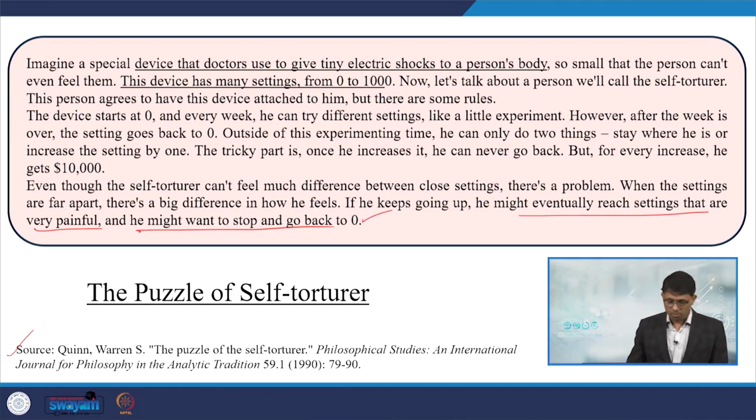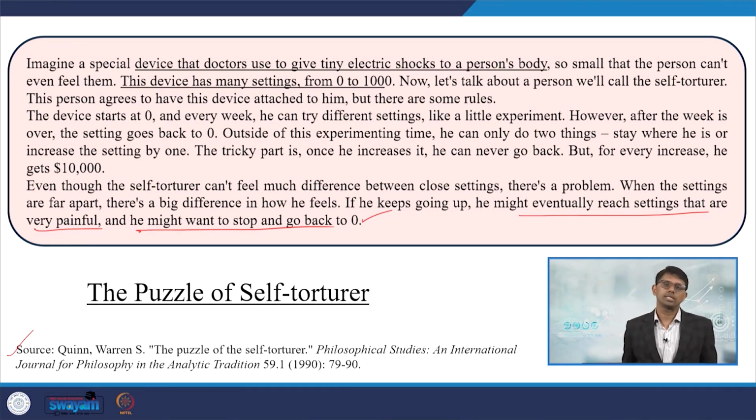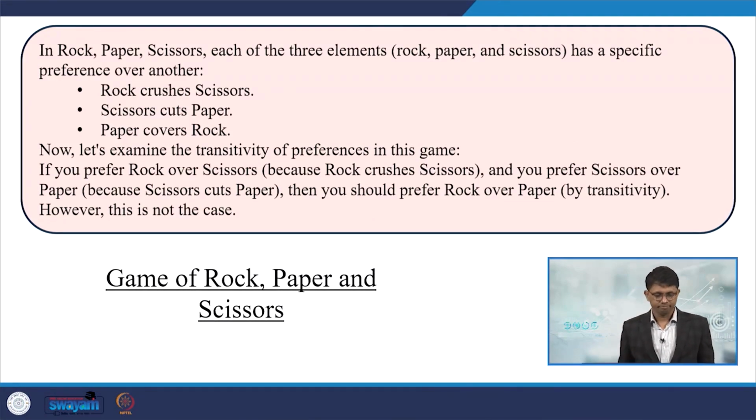The self-torturer puzzle is in fact realistic and does not follow the classical rationality assumption. Similarly, rock, paper and scissors works in a cycle. We used to play this game in our childhood. It has a direction, but when the linkages are broken, transitivity might not work.